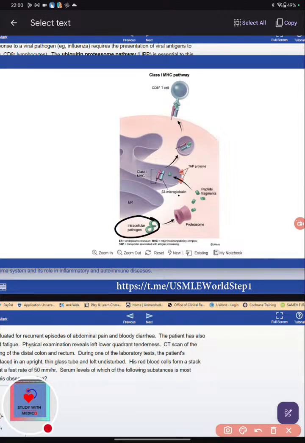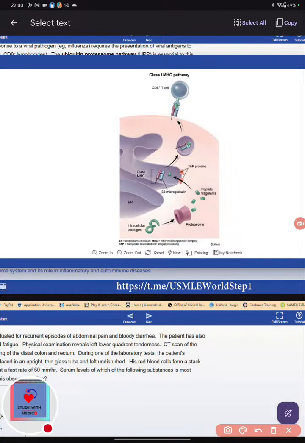This is an intracellular pathogen, and this is the proteasome, and peptide fragments are produced from this pathogen. Then this is presented on the MHC class 1, and these are the TAP proteins through which it is entering.